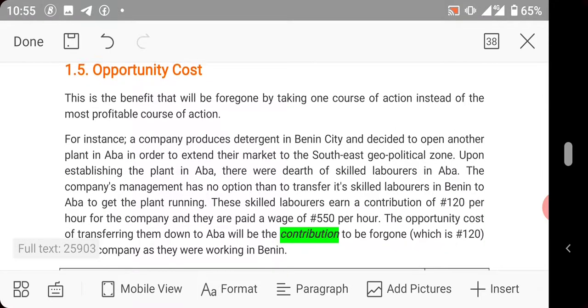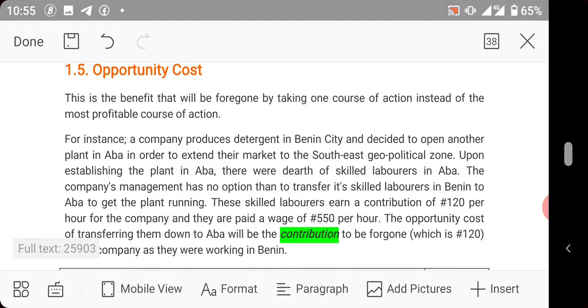I started this business in Benin, let's say, and in the last 5 years I have excelled in this business. Benin and its environs use my products. In fact, the demand keeps on increasing at a geometric level every 3 months.